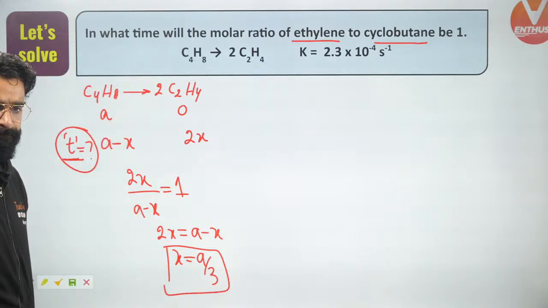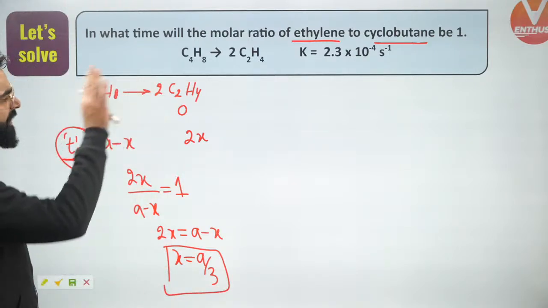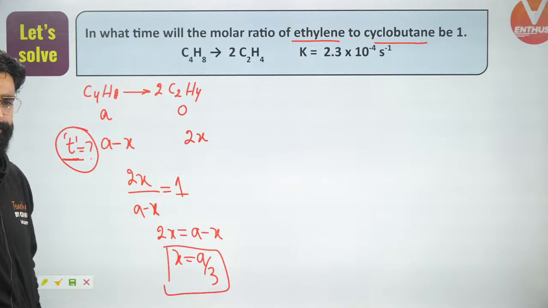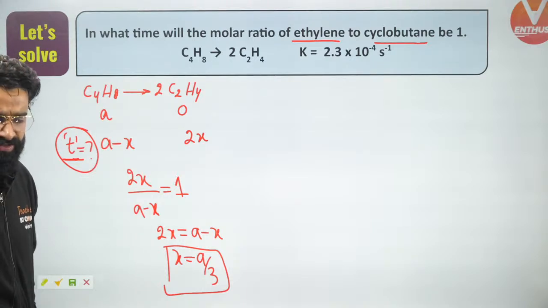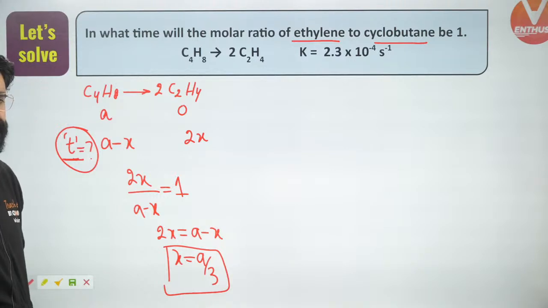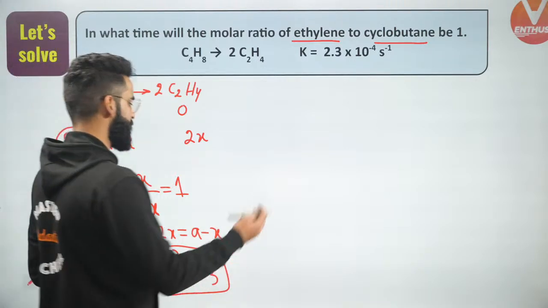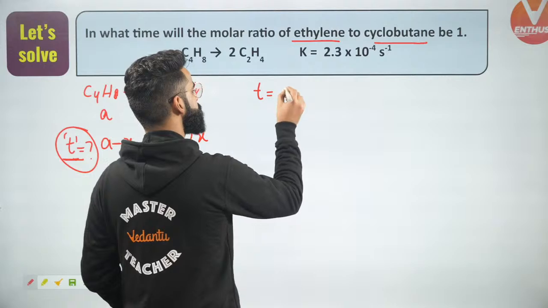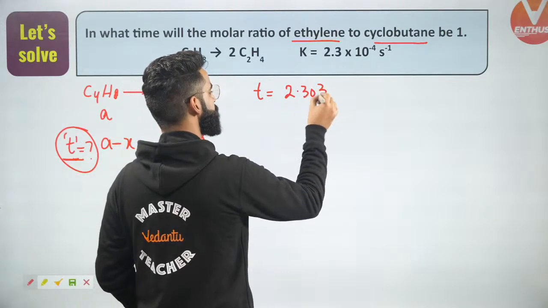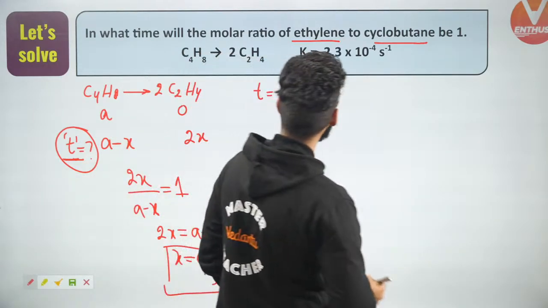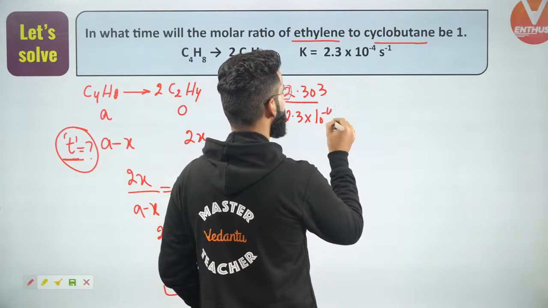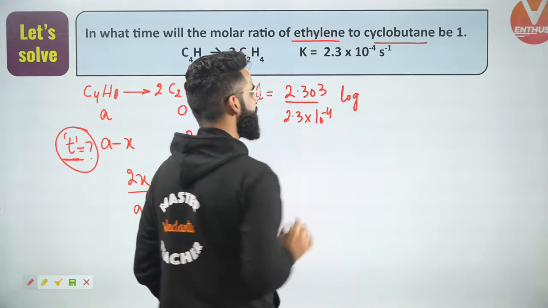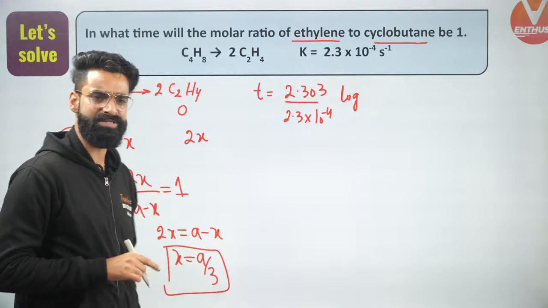I'm given the rate constant value, so I can use the simple integrated rate equation for first order kinetics. That is t equal to 2.303 divided by K, where K is given as 2.3 into 10 to the power minus 4, times log of A naught divided by A t.